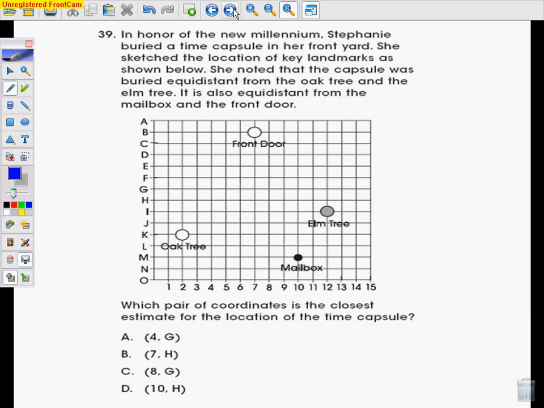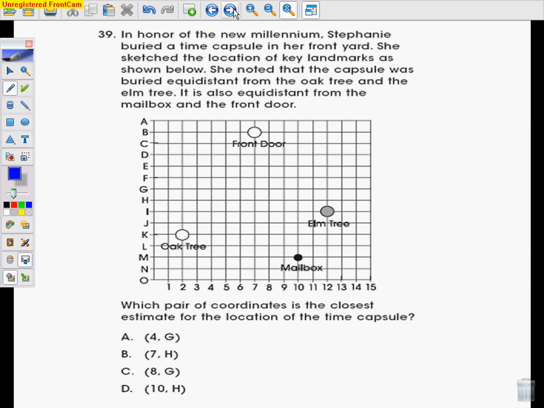All right. Number 39. In honor of the new millennium, Stephanie buried a time capsule in her front yard. She sketched the location of key landmarks as shown below. She noted that the capsule was buried equidistant from the oak tree and the elm tree. It is also equidistant from the mailbox and the front door. So, which pair of coordinates is the closest estimate for the location of the time capsule?